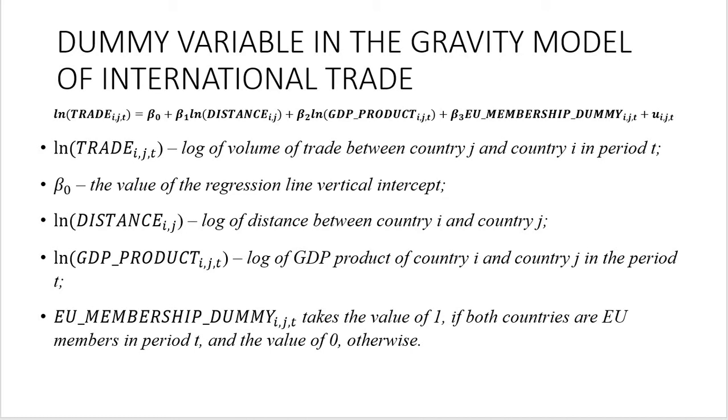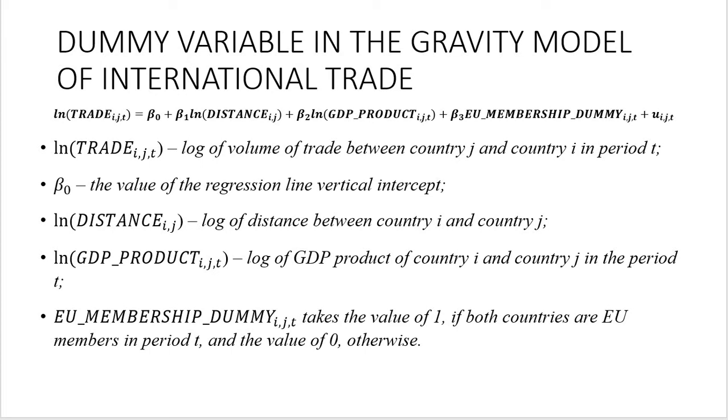And the new variable we introduce is the European Union membership dummy. This variable takes the value of 1 if both countries are European Union members in period t and the value of 0 otherwise. I would like you to pay attention to the fact that otherwise can include two options.